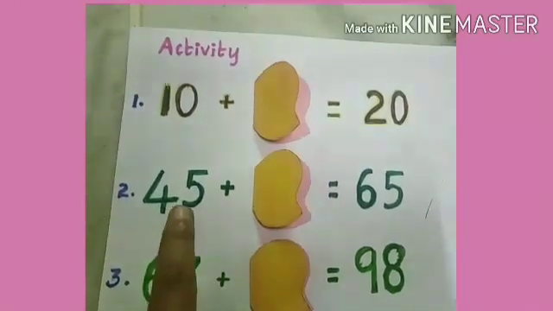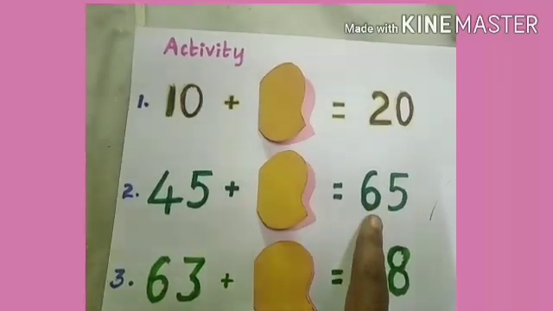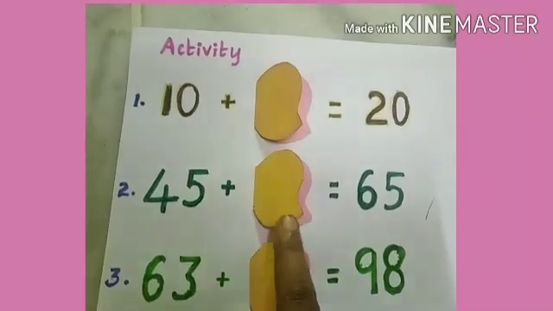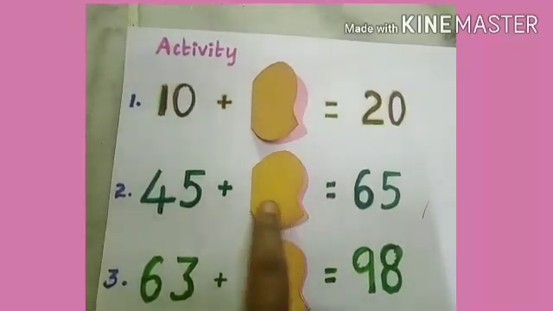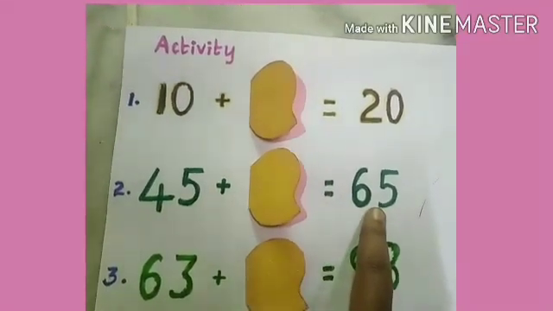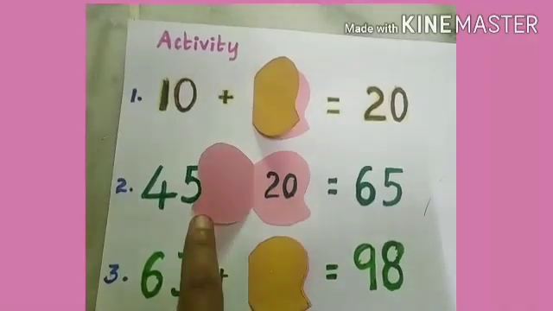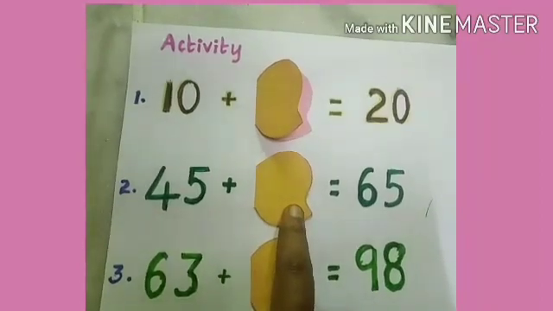Second sum: what should be added to 45 to get 65? How do we find the answer? Yes. Subtract 45 from 65, we get the answer is 20. Is it okay, children?